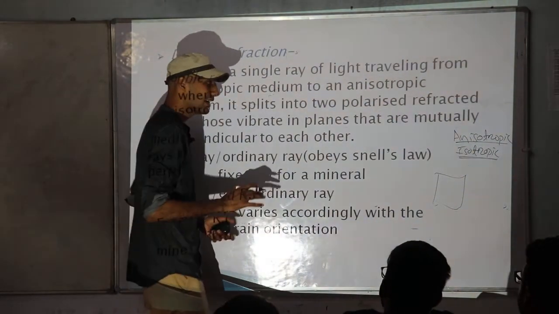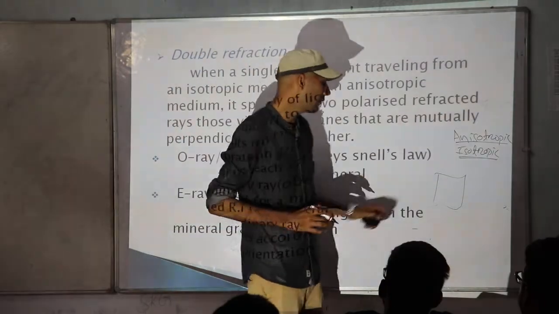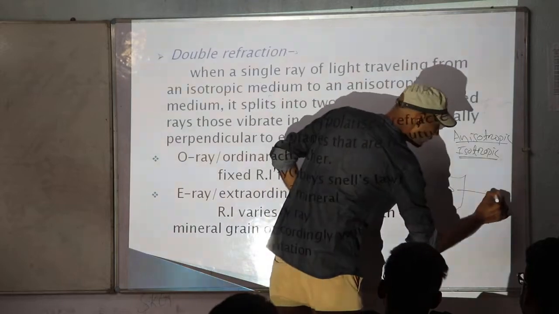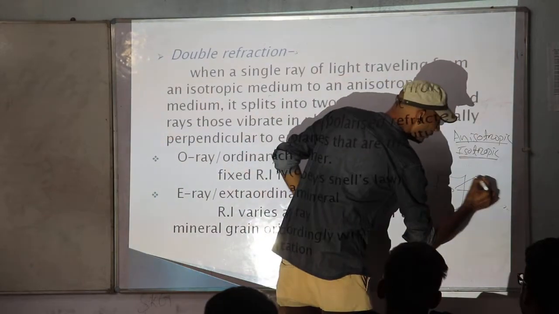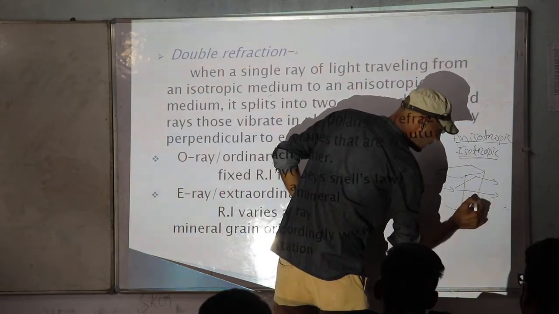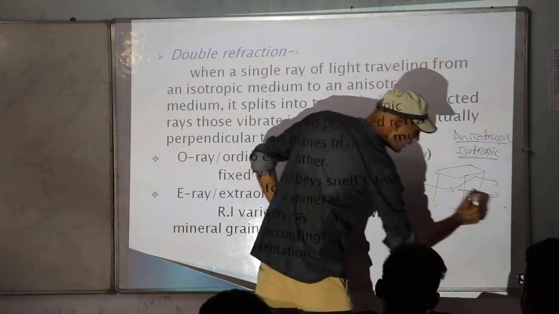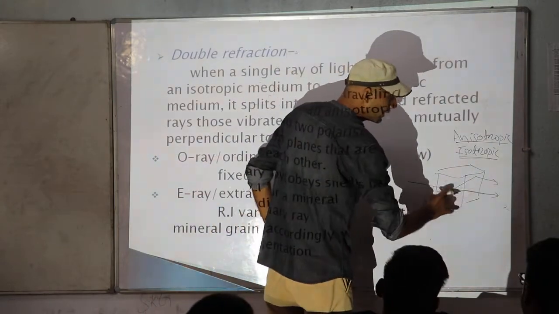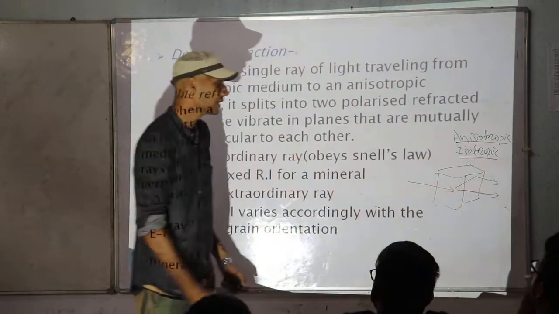Okay, so whenever a light ray enters an anisotropic mineral, what happens? It will split up into two rays. One is continuing the same path as the previous ray. You can see here this ray is continuing the same path as the previous ray, and another one is deviated from its path.